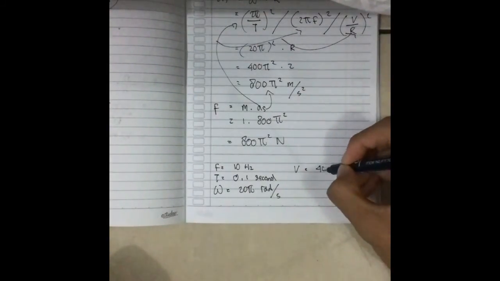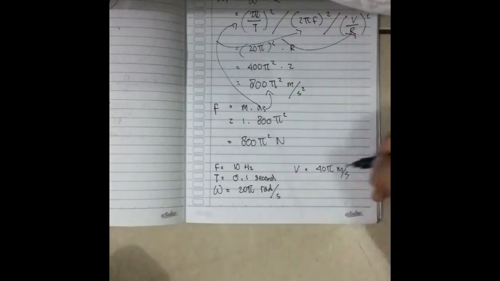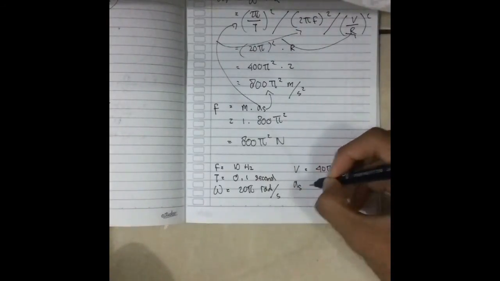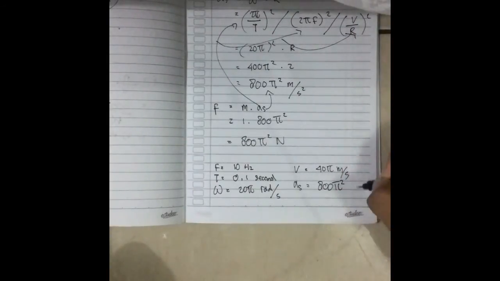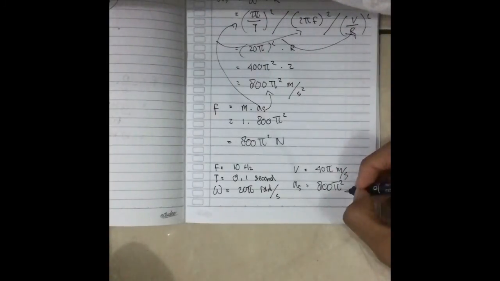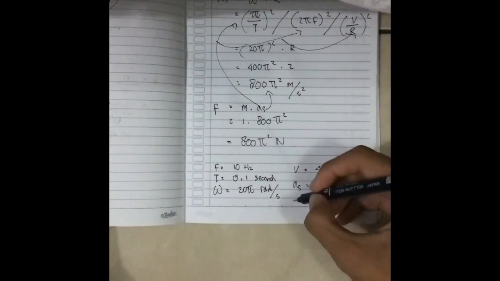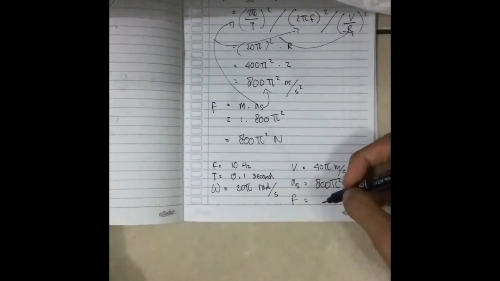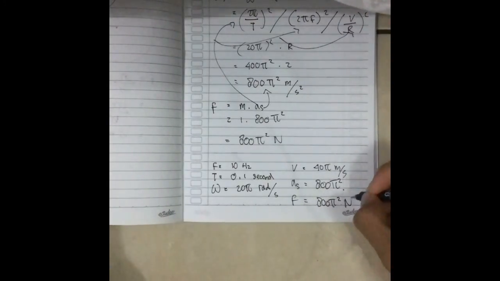Velocity is 40 pi meter a second, and centripetal acceleration is 800 pi squared. And the last one is F, the centripetal force. It's 800 pi squared Newton, and this one is meter squared and meter over s.